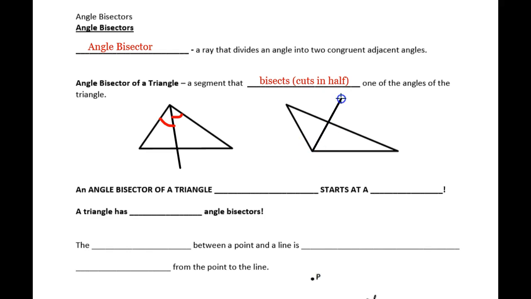So this angle is going to get cut in half, and this angle is congruent to this angle. And when you have an angle bisector of a triangle, it's always going to start at a vertex. It's never going to start anywhere else except for a vertex. And every triangle has 3 angle bisectors.